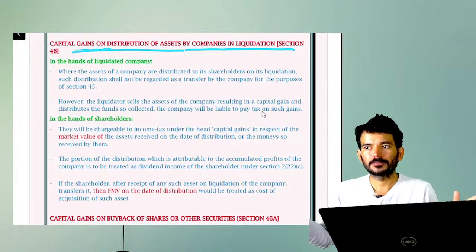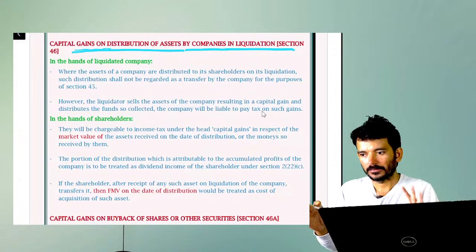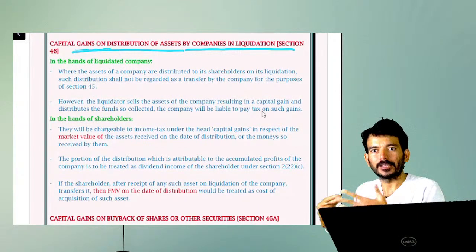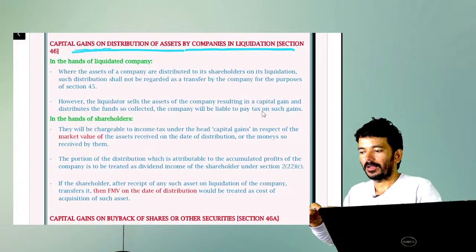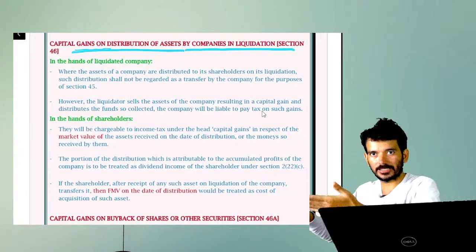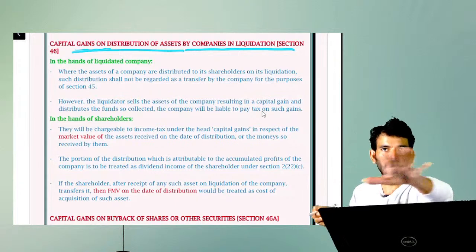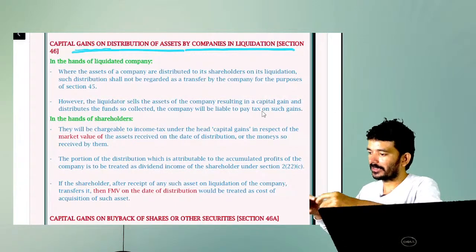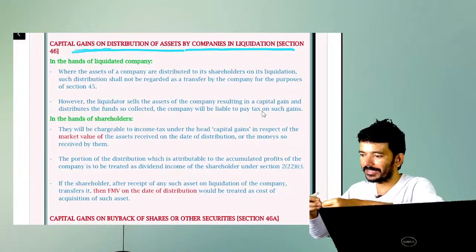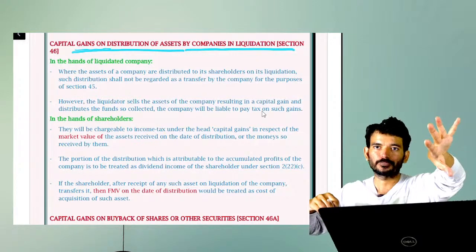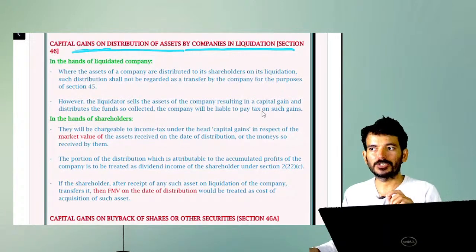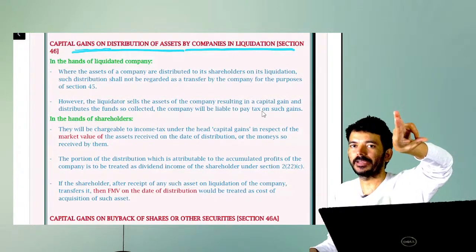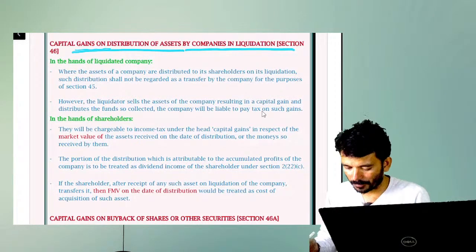Assuming that we are all shareholders in a company, I can sell these assets in the market and give the remaining amount to all the owners of you. Or else, instead of selling off these assets in the market, I will distribute these assets only to you. In that situation, should the company be paying tax or should the recipient be paying tax? This is a very important question.